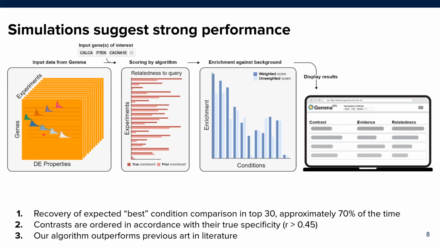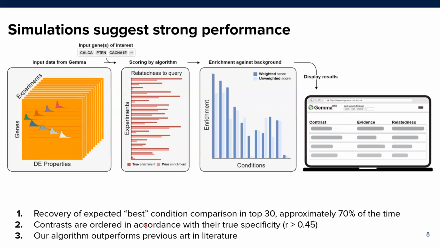To give you the general conclusions of the evaluation, we found that on one hand, the best, most related contrast in the entirely artificial data would rise to top rankings in the majority of the thousands of searches that we did. And more importantly, we characterized the times that it failed as times where there are very few instances of a contrast in the corpus. On the other hand, the rankings were found to not be random, but rather ordered according to their true specificity that we modeled.